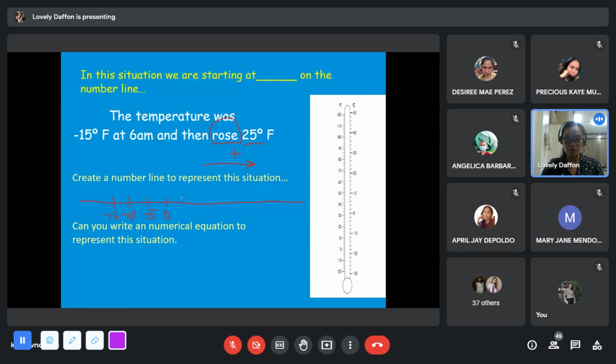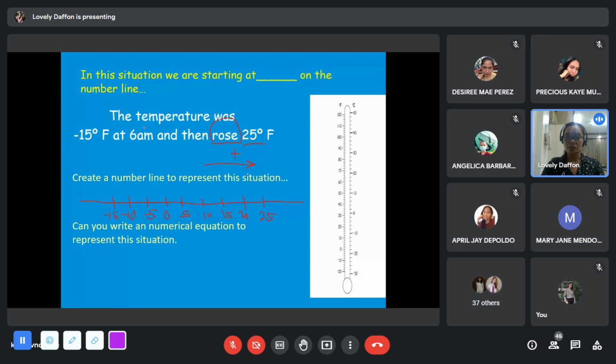We have 5, 10, 15, 20, and 25. Let's just assume this is our number line, because if I write 1, 2, 3, 4, 5, it will be hard for me to write.